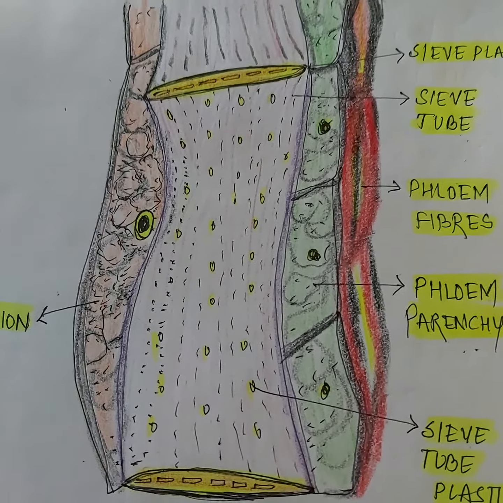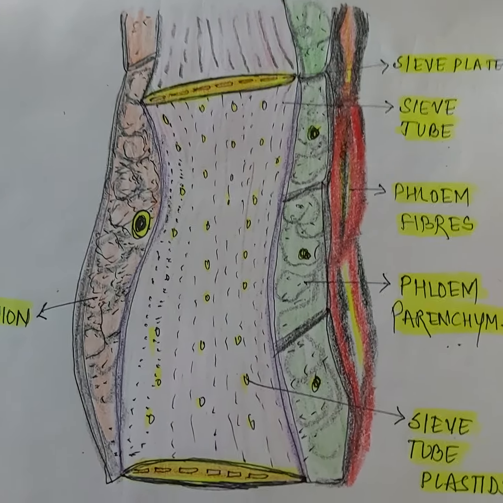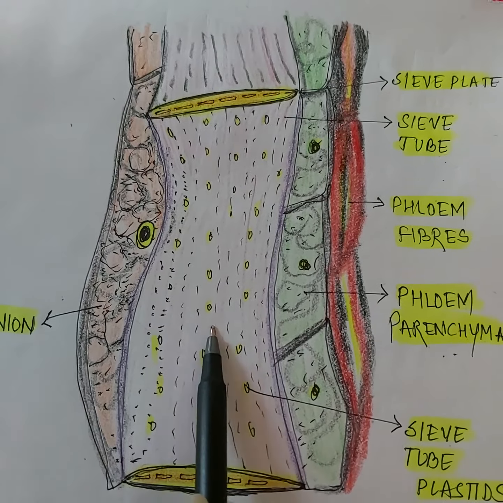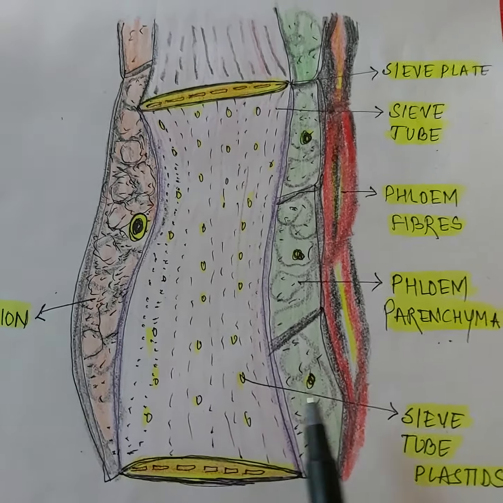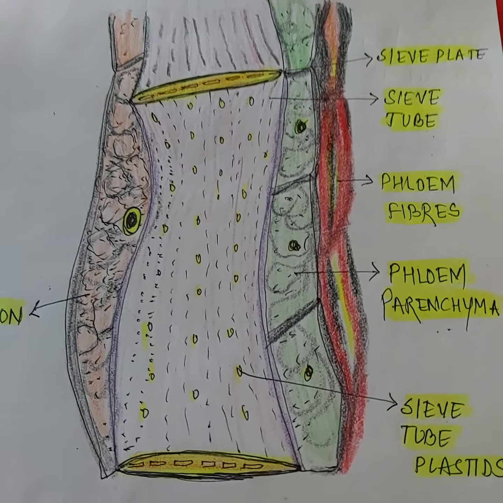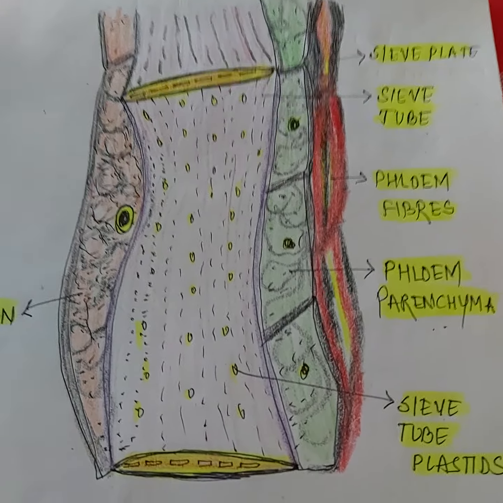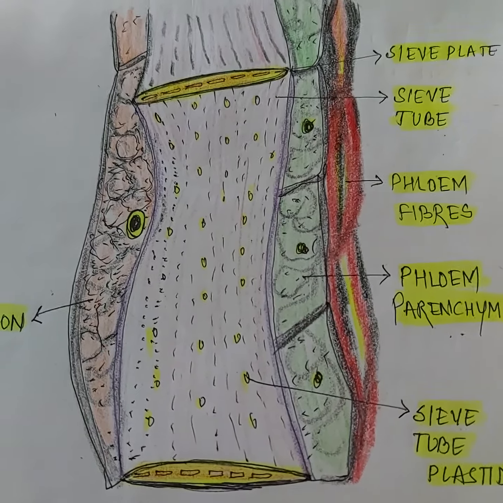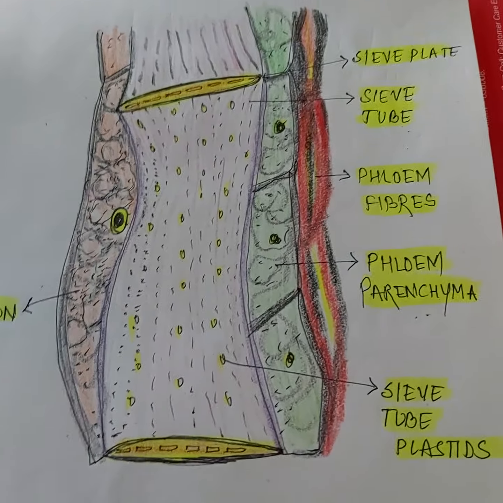You have to understand that food is translocated with the help of the main conducting elements, sieve tubes and companion cells. Also, remember that xylem and phloem are complex permanent tissues and are conducting tissues.